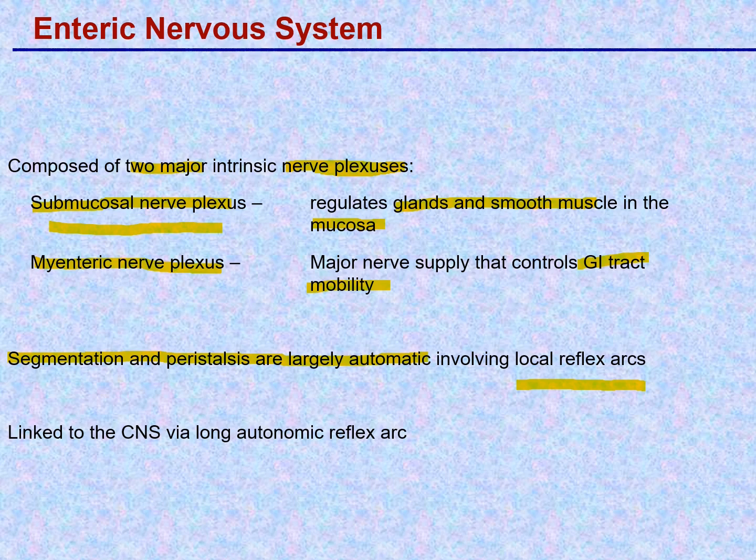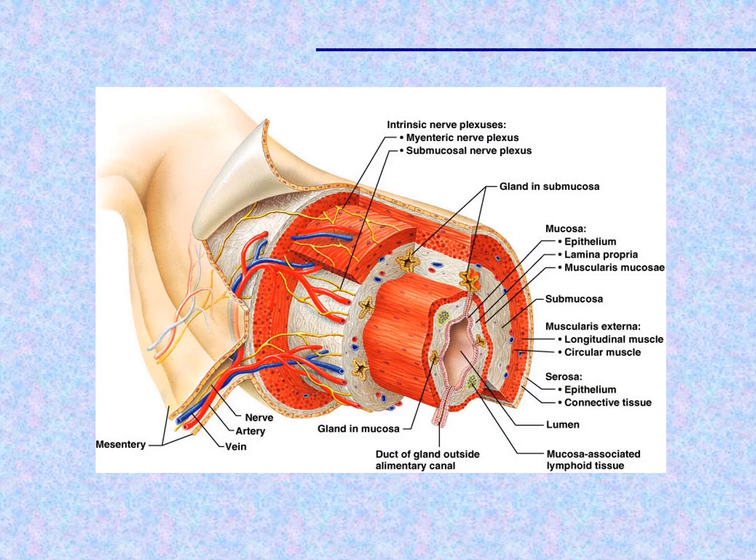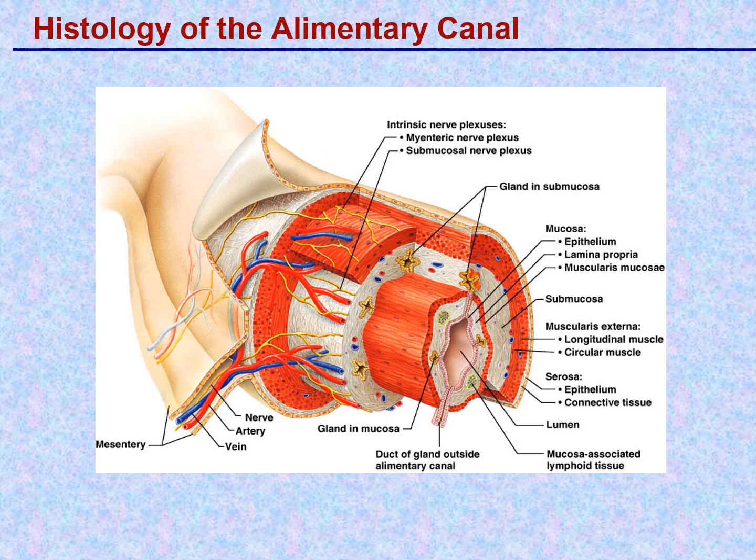They are linked to the central nervous system. Everything that's in your body is linked to the central nervous system, and there are long reflex arcs possible, but in terms of segmentation and peristalsis, it's mostly very local reflex arcs causing that.